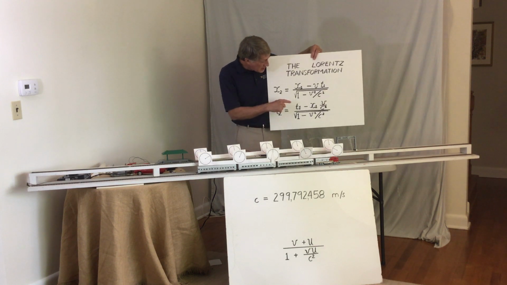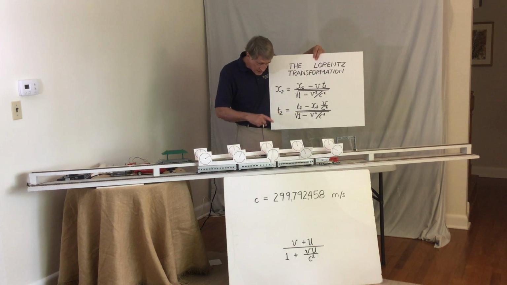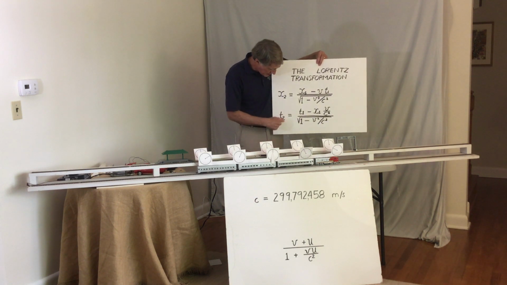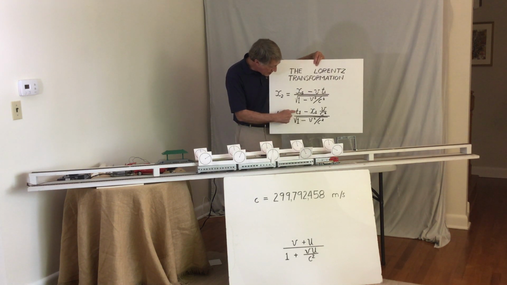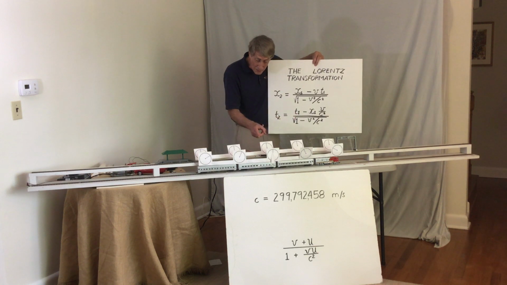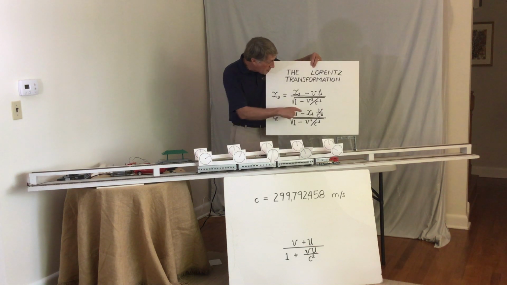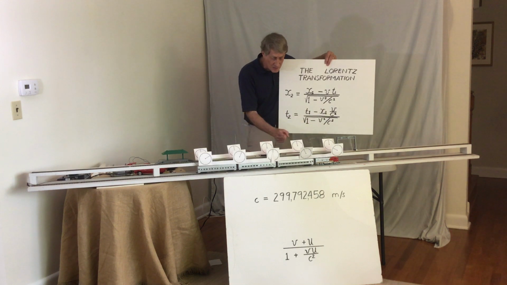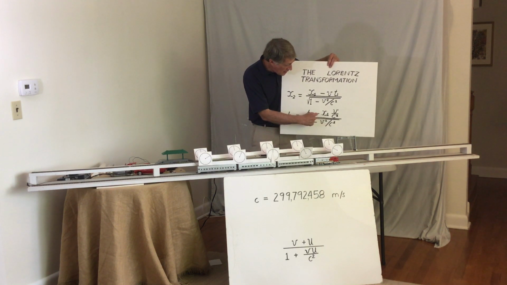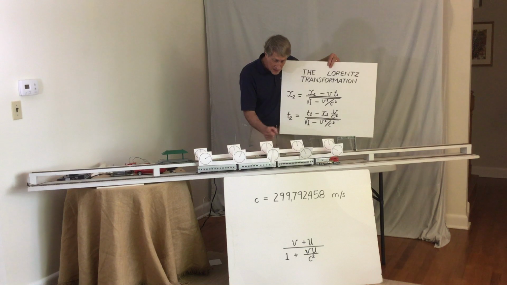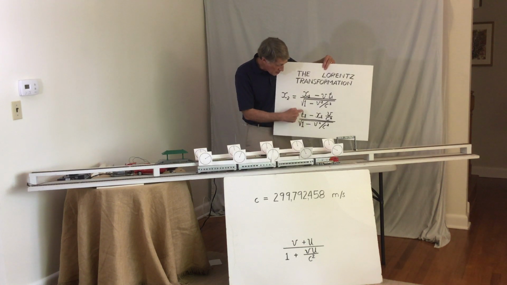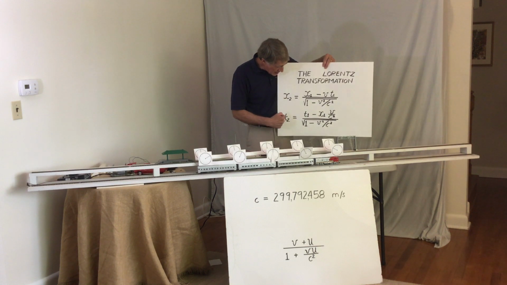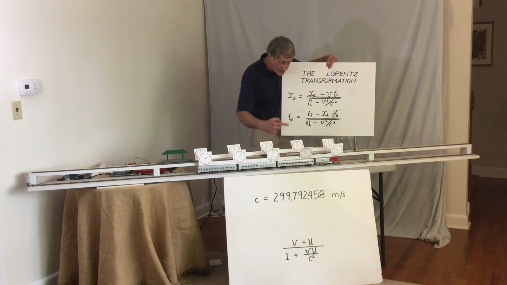But the important point to make here is that the time seen on Terry's train, that's the T2, depends not just on the time seen by Pat on the platform, but also on the position that Pat is observing. Because of that minus sign, if T1 is 0, all of these are reading the 0 time, then T2 goes negative up here.